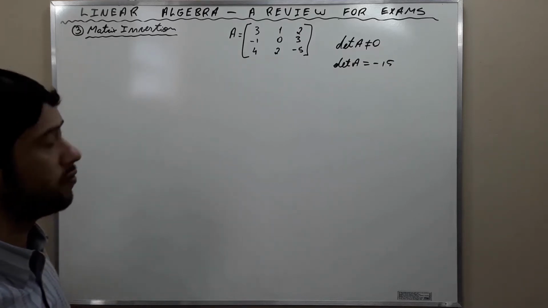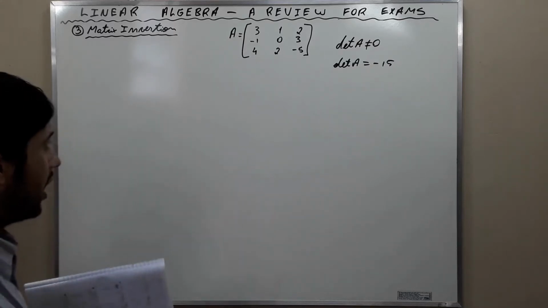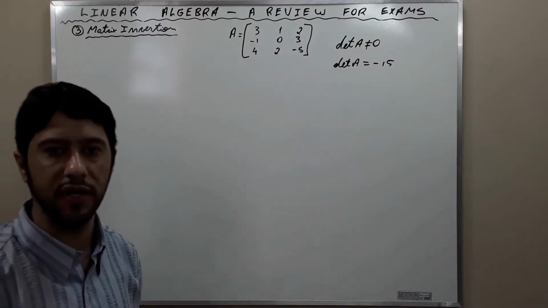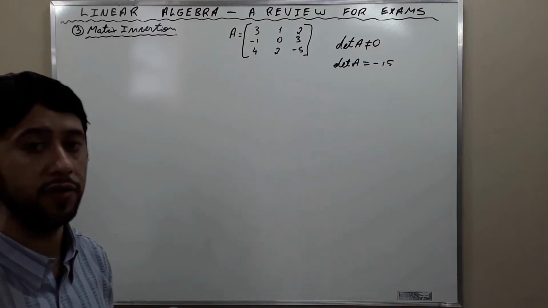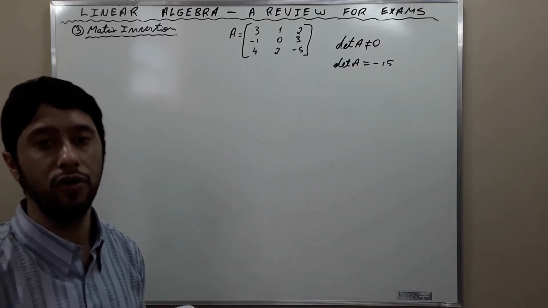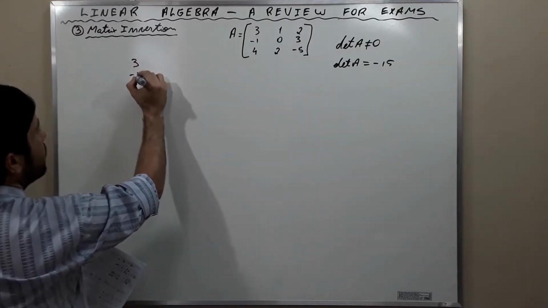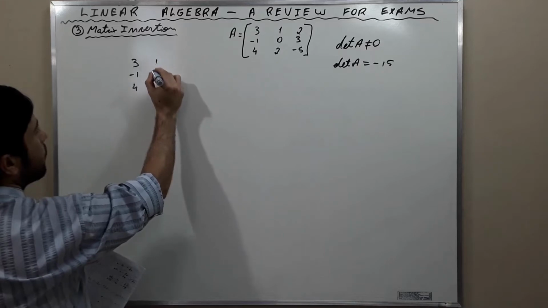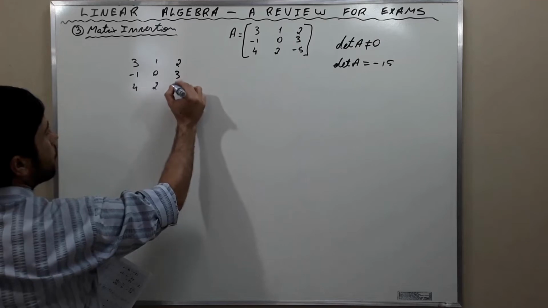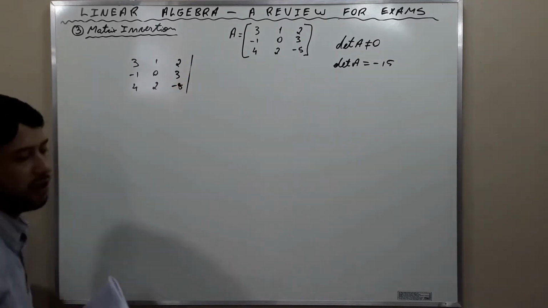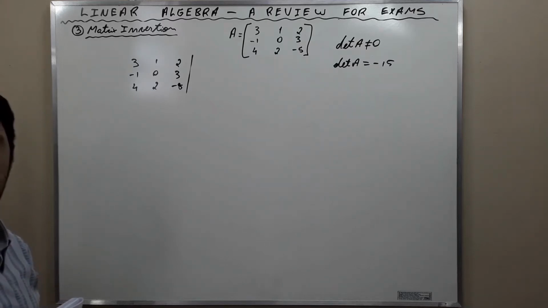To find the inverse matrix, use the identity matrix as follows. I'm going to show you how to use the identity matrix to come up with the inverse matrix of any given matrix whose determinant is non-zero. Okay? Let's rewrite this matrix here. And beside it, we are going to write the identity matrix.